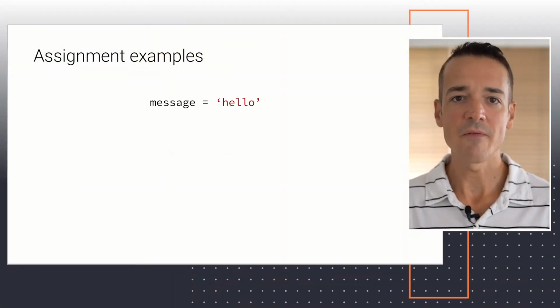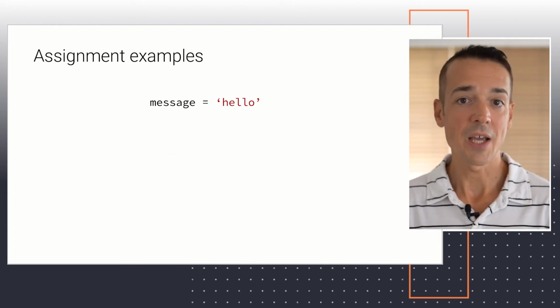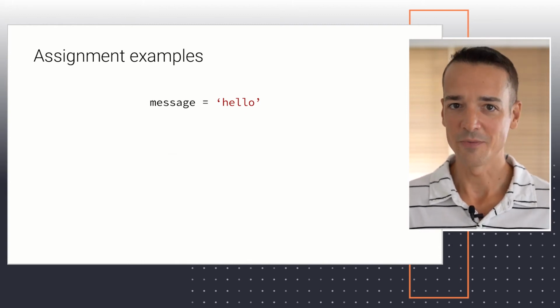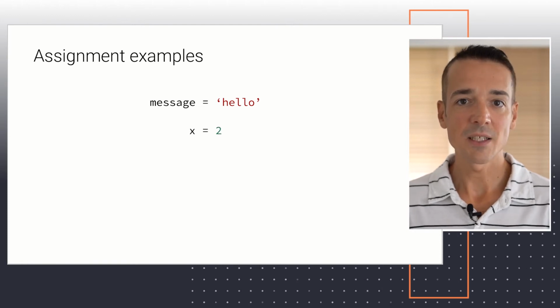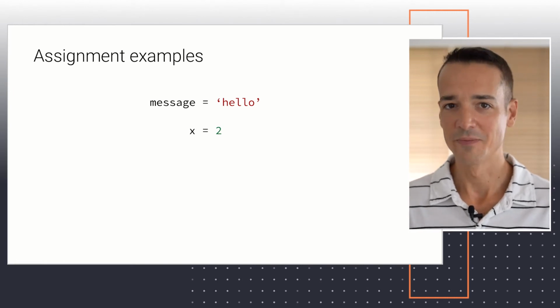Additionally, this time we won't limit ourselves to just using strings. We'll incorporate other data types also available in Python. This first assignment creates a variable named message and uses it to save a value of type string set to hello. The second assignment in the sequence creates a new variable named x and uses it to save an integer value set to 2.